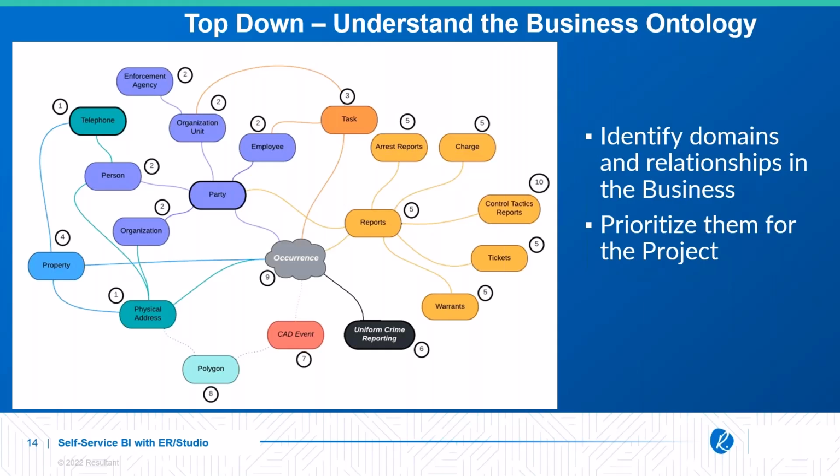You just have to know what those domains, those subject areas in the business are. Here for law enforcement, it's the occurrences like CAD events, when people call in to the police, and the people that are involved, the employees or the police officers, or the arrests that happen, tickets and warrants, things like that. These are all areas, domains or subject areas in the business.